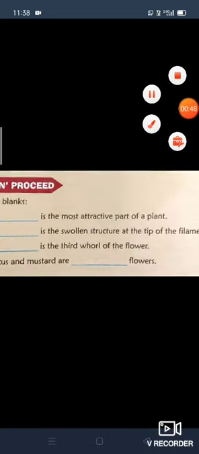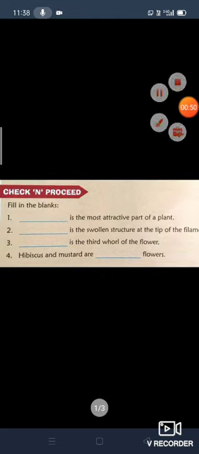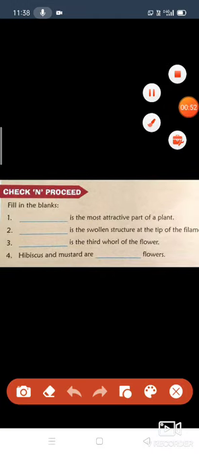Okay, so look here children, here is the first question. First one is, dash is the most attractive part of a plant. Look at the Check and Proceed of your textbook. What will be the answer, children?